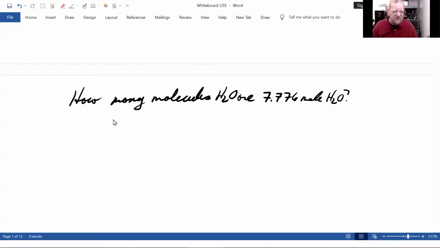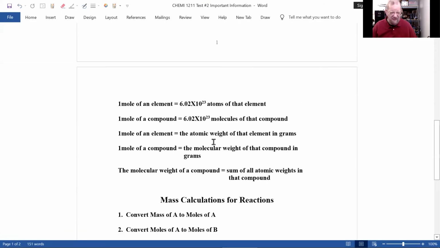All right, question is, say 5 or 6 or 7 points. How many molecules of water are in 7.776 moles of water? Now, to help you out, I'm going to let you try this first. Remember, 1 mole of an element equals Avogadro's number of atoms of that element, and 1 mole of a compound equals Avogadro's number of molecules of that compound.